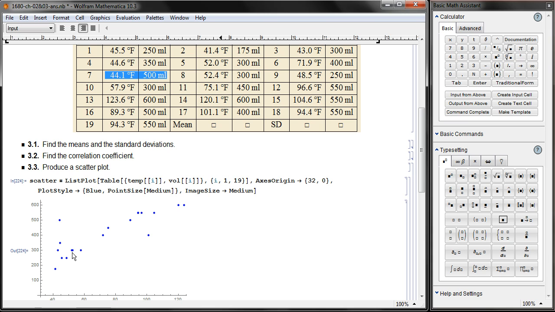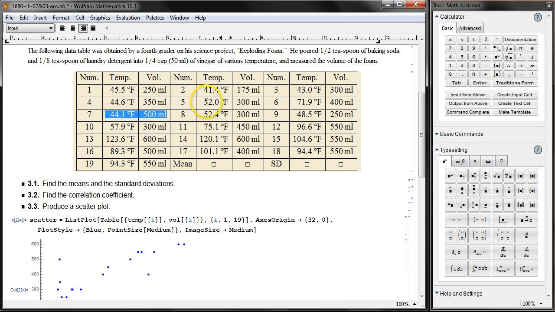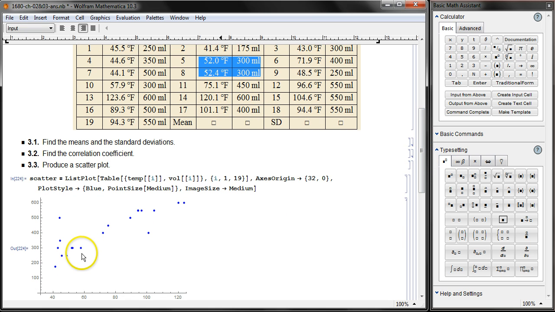As a matter of fact, this is not one dot, but two dots that are so close nearby. Those two dots correspond to 52.0, 300 and 52.4, 300. They're so close that these two dots kind of stuck together and look like a snowman or something.